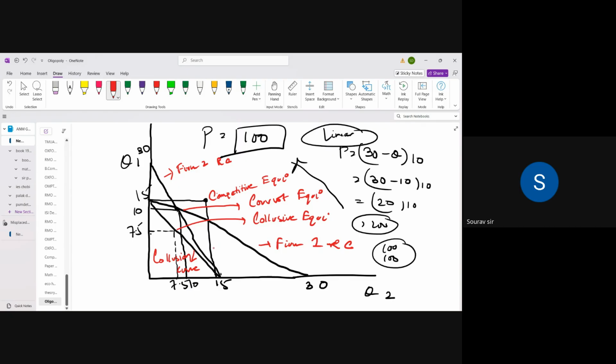Now, here it shows the firm reaction curve and this Cournot equilibrium. So firm two's reaction curve shows Q2 in terms of Q1. That is our firm two's reaction curve. Likewise, for firm one, it is in terms of firm two. So the two reaction curves have the same form.